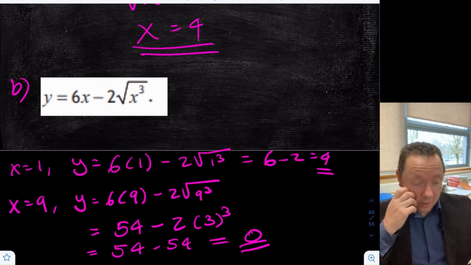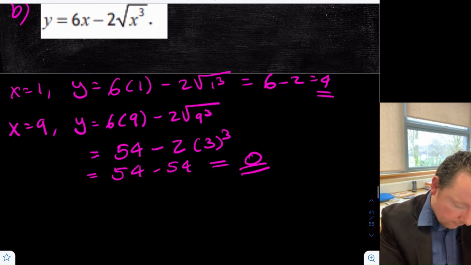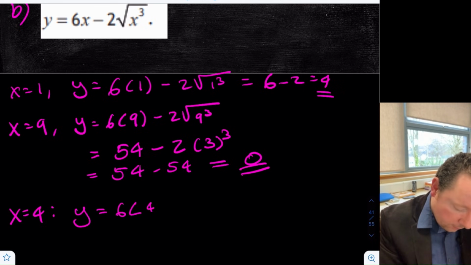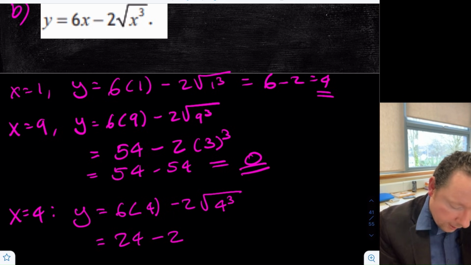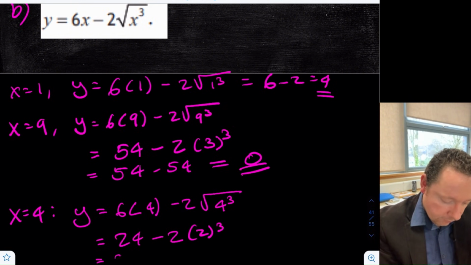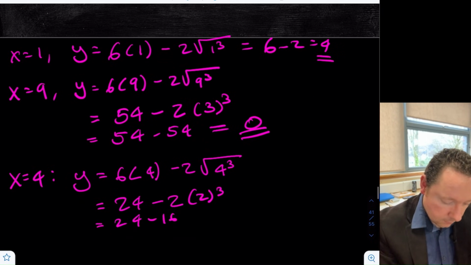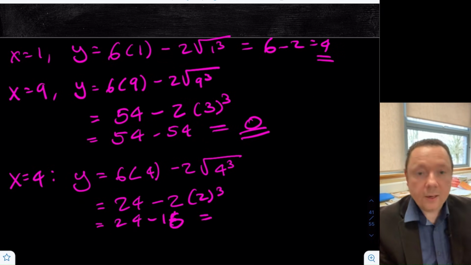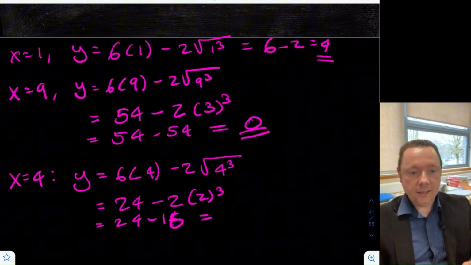So now I need to evaluate it at x equal to 4. So at x equal to 4, we've got y equals 6 times 4 minus 2 times the square root of 4 cubed. 24 minus 2 times the square root of 4 is 2, so 2 cubed. 2 cubed is 8 times 2 is 16. 24 minus 16 is 8.